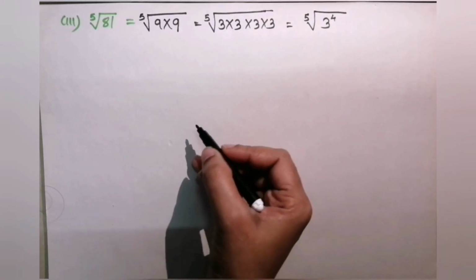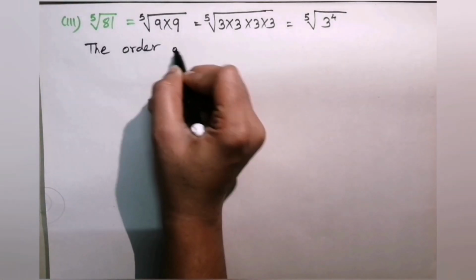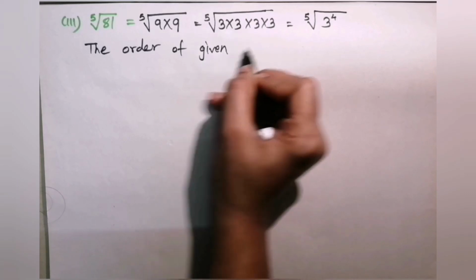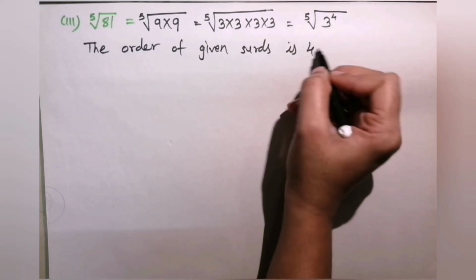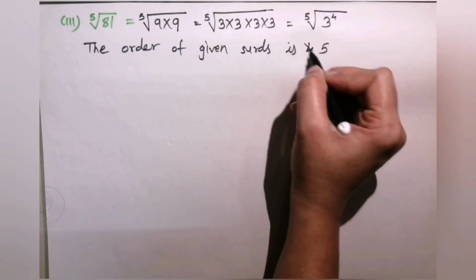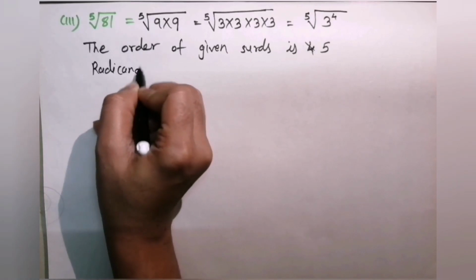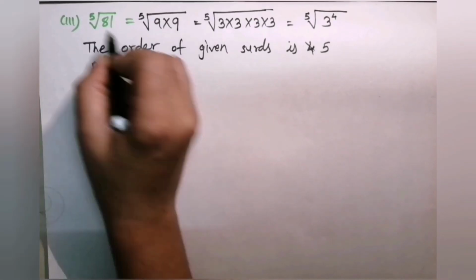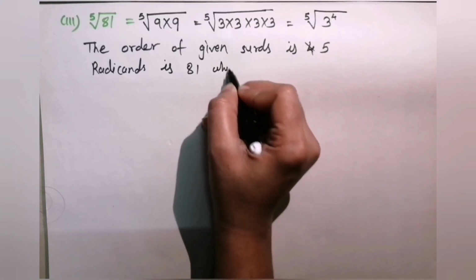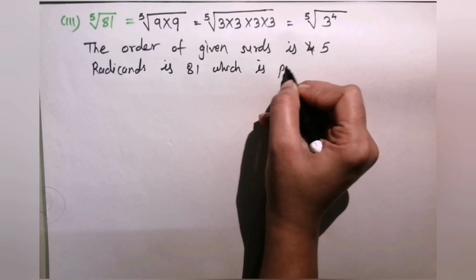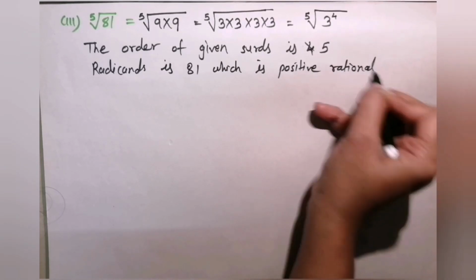So now the next step is what? The order of the given surd is what? 4. Yeah, sorry, 5. It's a 5, students. This one. This is 5. Radicand is what? 81. Clear? Write down this 81, which is a positive rational number.